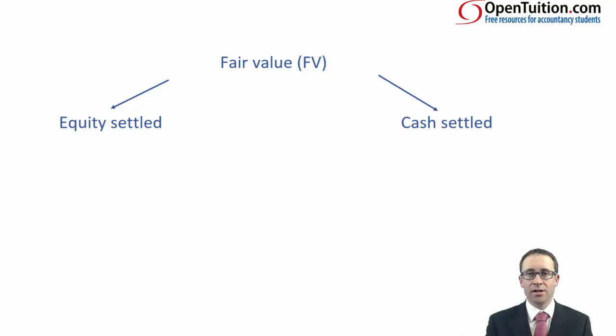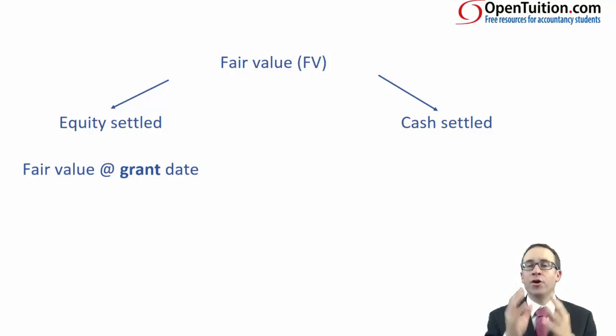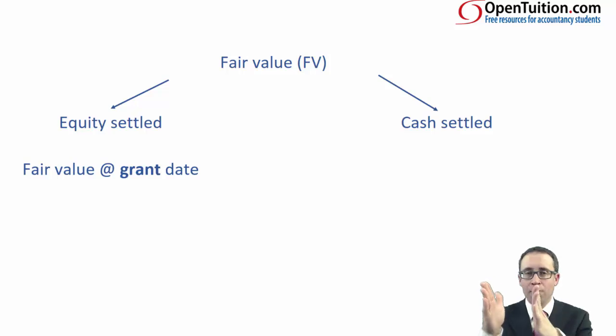This just summarises the introduction within the class notes. The fair value of equity settled and cash settled, you need to be very, very careful. For equity settled, we take the fair value of the share option, not for anything else, not the fair value of the share. Yeah, we take the fair value of the option at the grant date, and we never ever change it. So whatever it is at the grant date, if it's changed by year 1, year 2, year 3, do not move it.